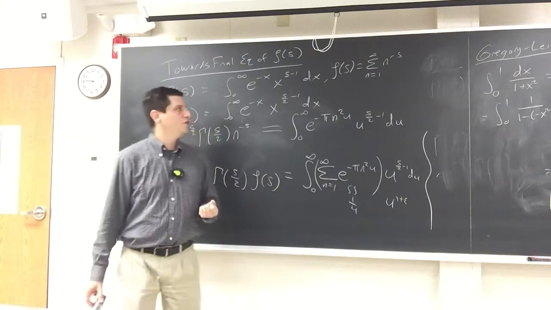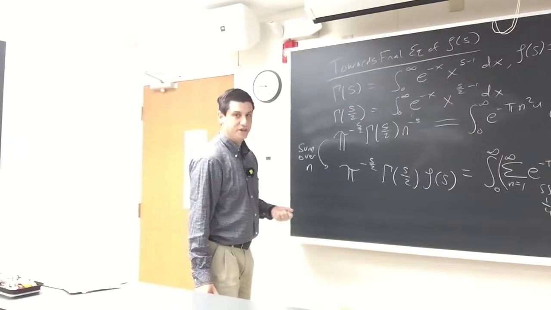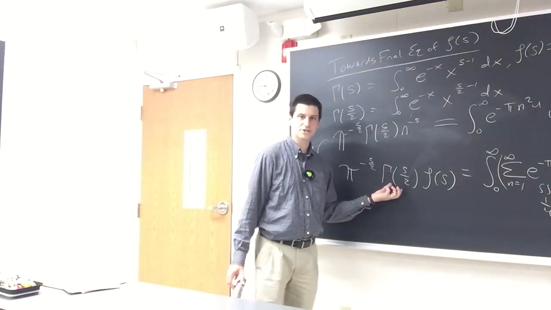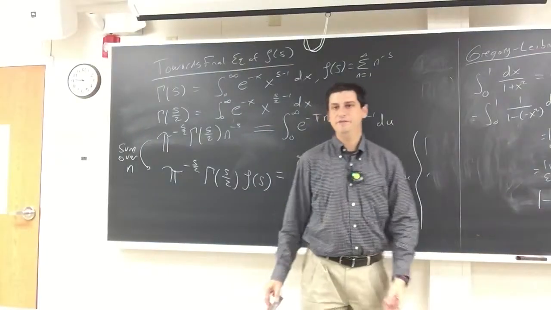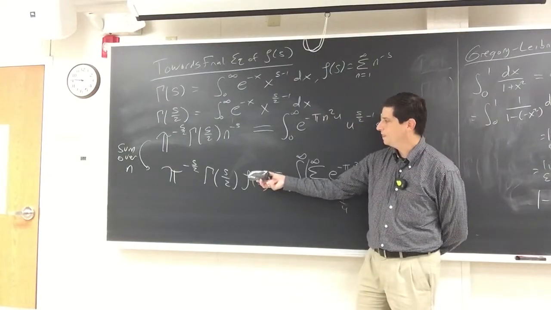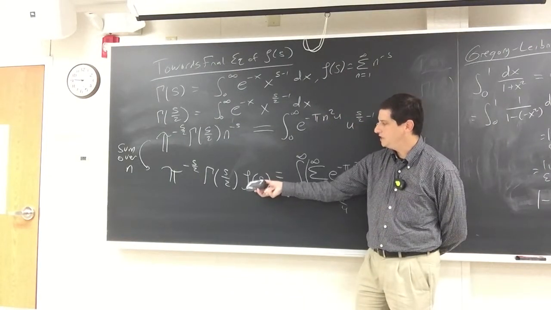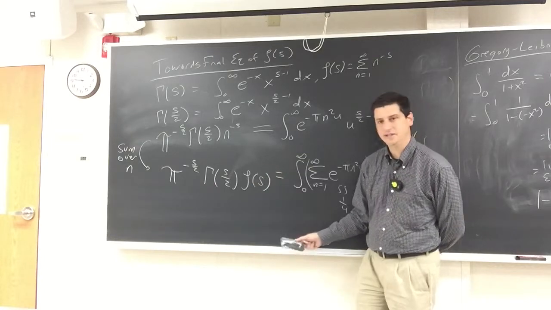Okay, so now just rewinding in time, we come back to this expression over here. We have a formula for zeta of s times gamma of s halves times pi to the minus s halves.